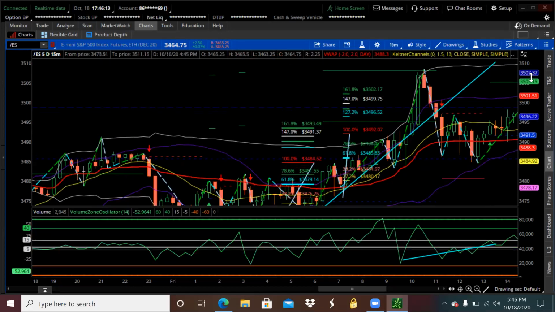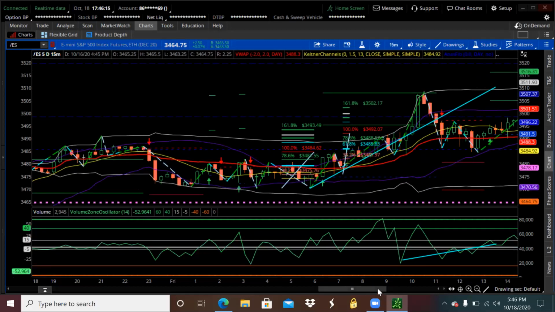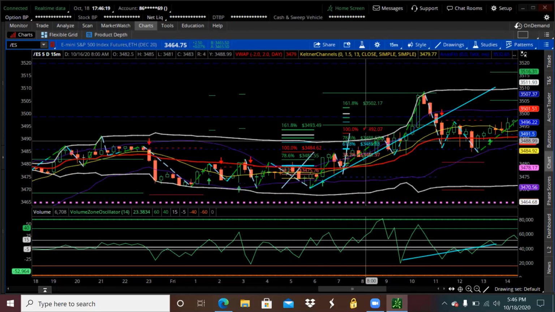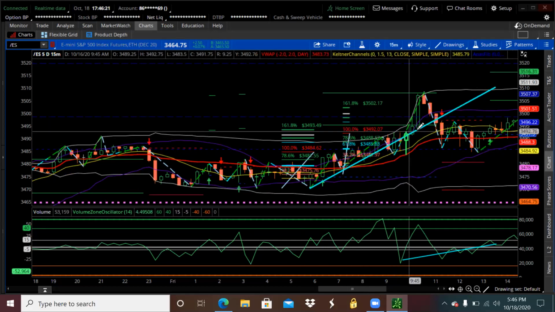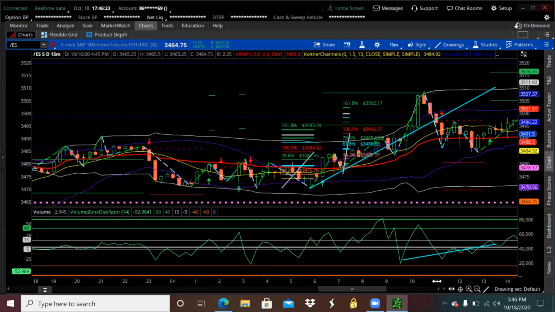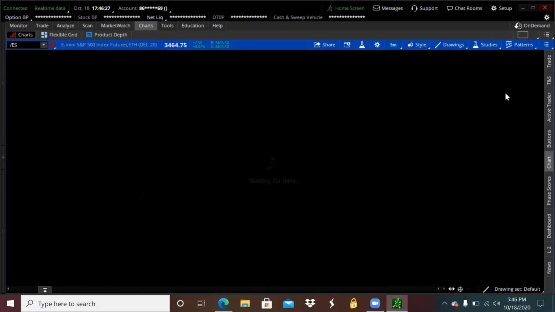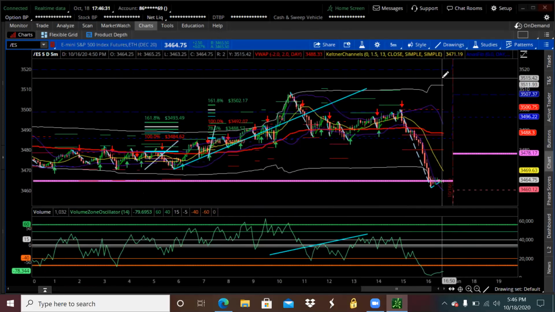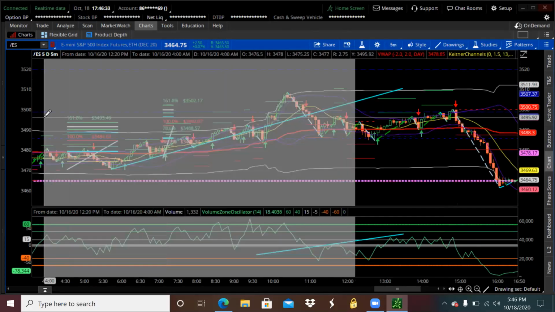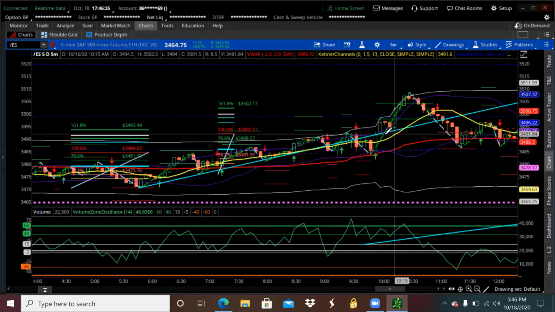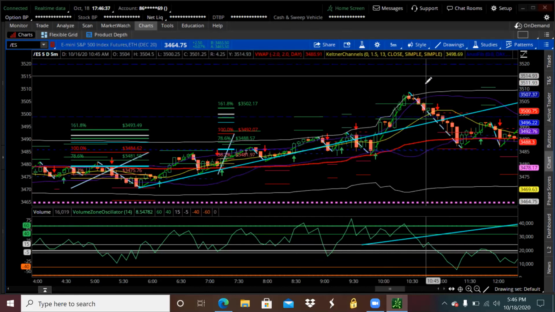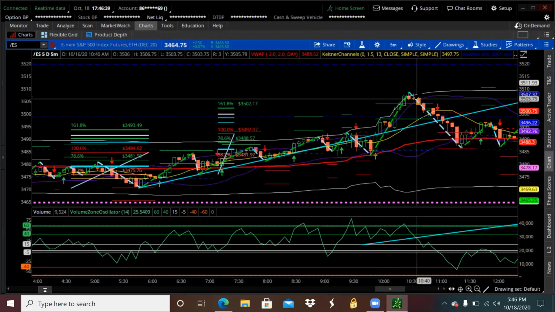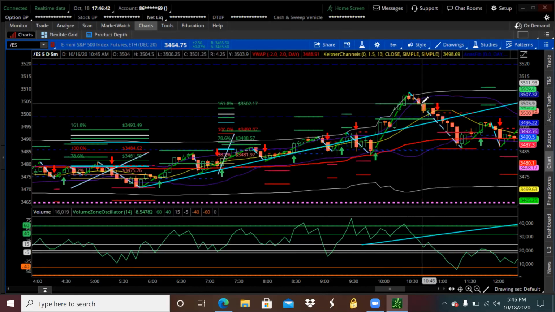So let's say we're trading SPX. As you know, you're in the room, I use the ES in here. Let's do this on the 5 minute chart. Let's say we're not making money.